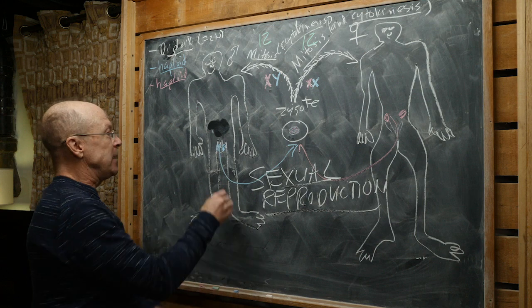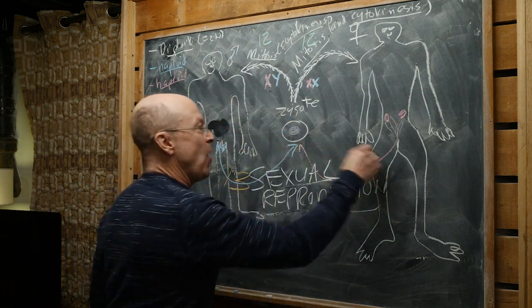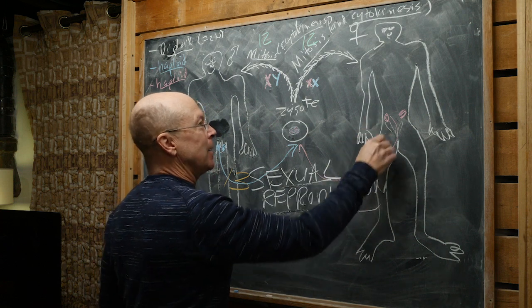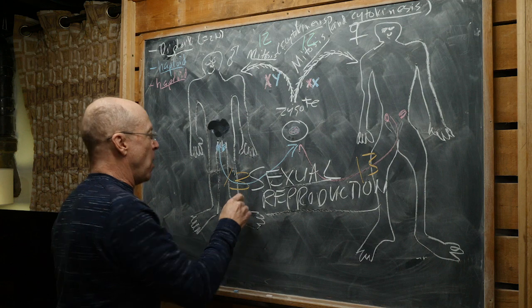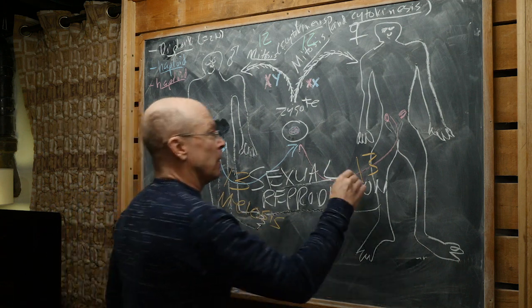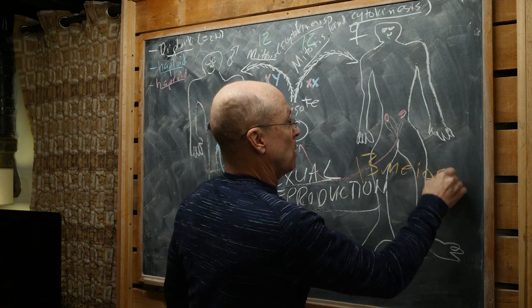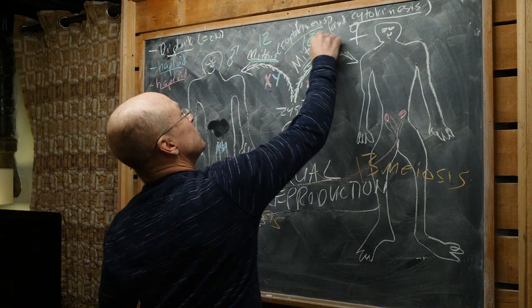This whole part right here is chapter 13, where we are going to focus on making gametes by a very special process called meiosis. And therefore up here, this of course is mitosis.